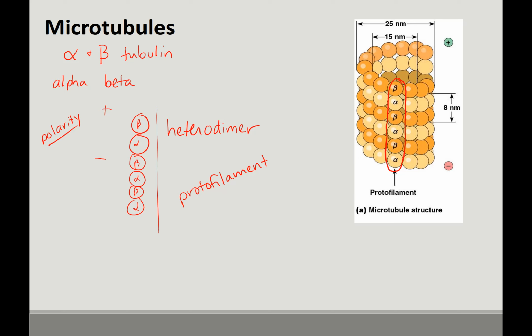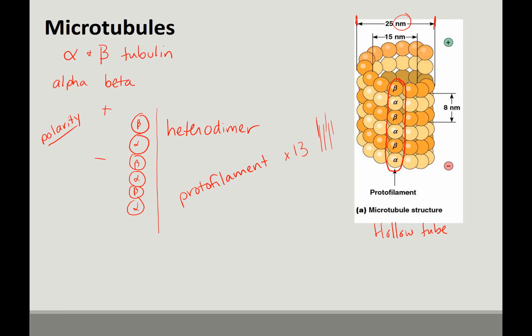And then what happens is 13 of those protofilaments start lining up, and they make this hollow tube. So the microtubule is, from one edge of the wall to the other edge of the wall, 25 nanometers thick.